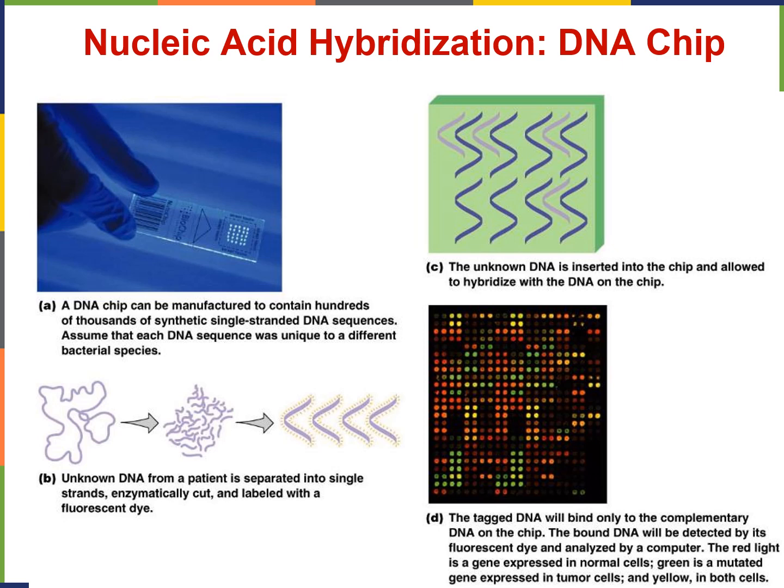The way this works, if you look at step A, you have a glass slide, you have a barcode at one end because, again, this is machine read. The other side, you have some dots, and it looks like they're just dots. However, if you read what those dots are, it says that those dots contain hundreds of thousands of synthetic single-stranded DNA sequences.